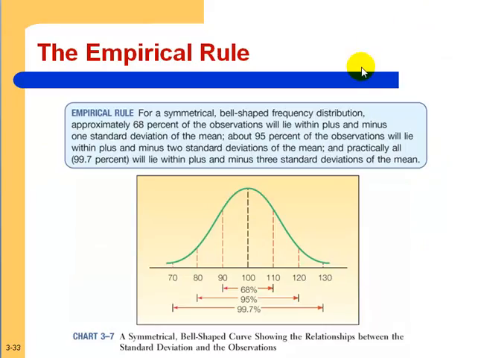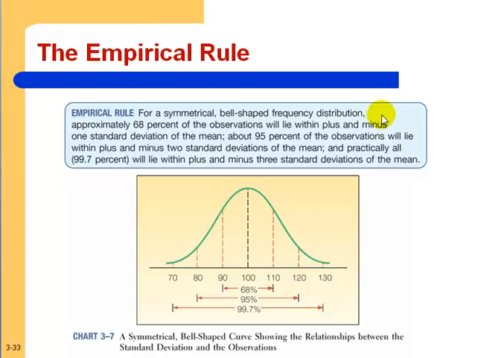Okay, empirical rule. For a symmetrical bell-shaped frequency distribution, you remember the relative positions of the mean, median, and mode. For a symmetrical bell-shaped frequency distribution, that means the mean, median, and mode are the same.